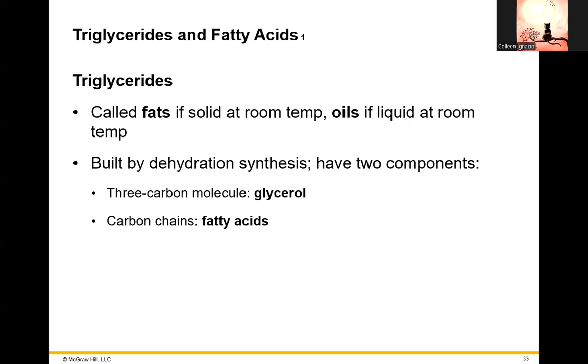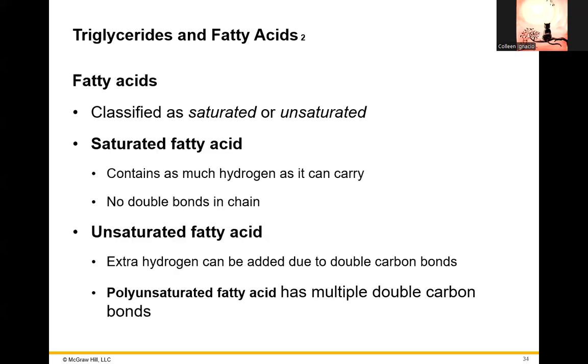Now, these triglycerides are built by a process called dehydration synthesis. When you think about synthesis, we are putting things together to build something new. The two components that build triglycerides are glycerol and fatty acids. Now, fatty acids are saturated or unsaturated.